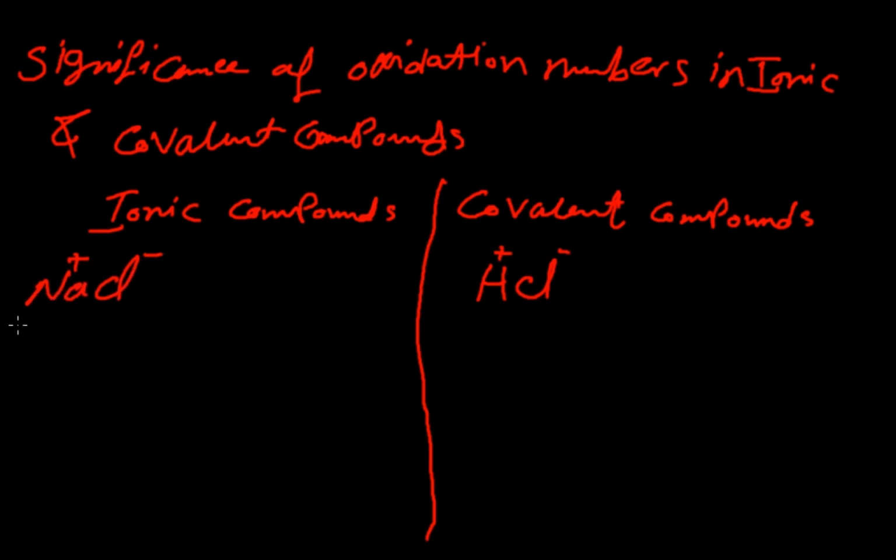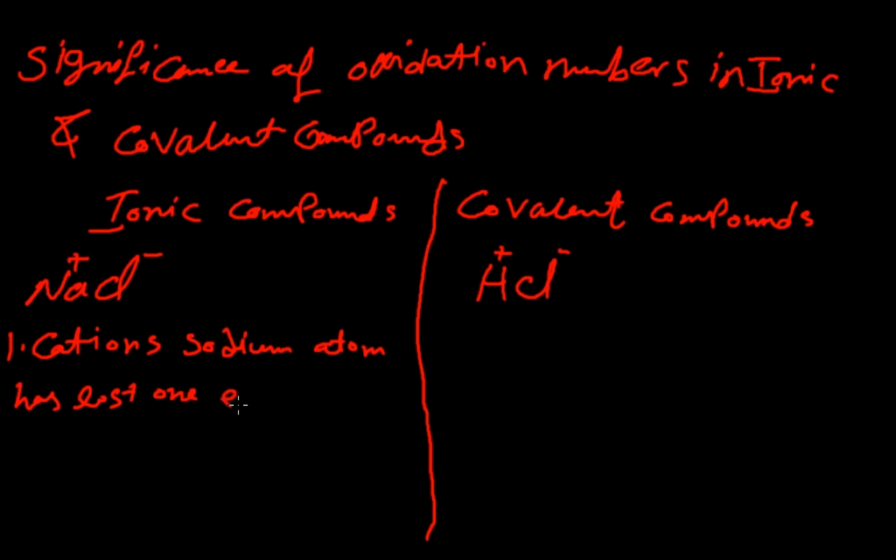atom. So in cations here, sodium in this case, it indicates that the sodium atom has lost one electron to the chlorine atom to form sodium ion and chloride ion.